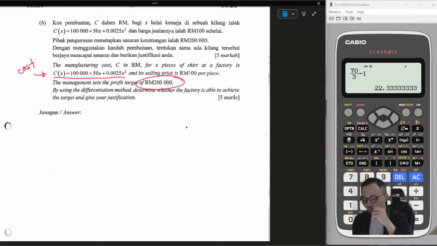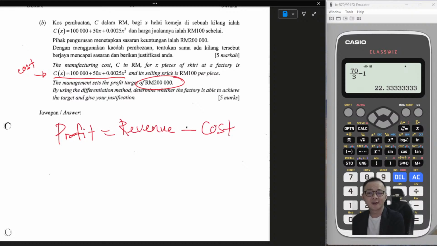Okay, so over here, I want to form an equation for profit. Profit basically is revenue minus cost. So I call the profit P(x). Revenue: because each shirt I'm selling for 100, if I produce x number of shirts, 100x will be my revenue.